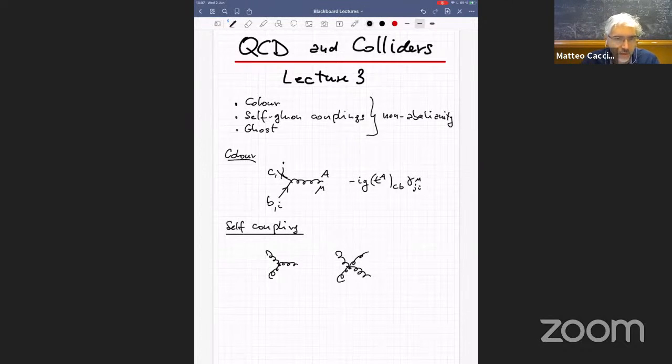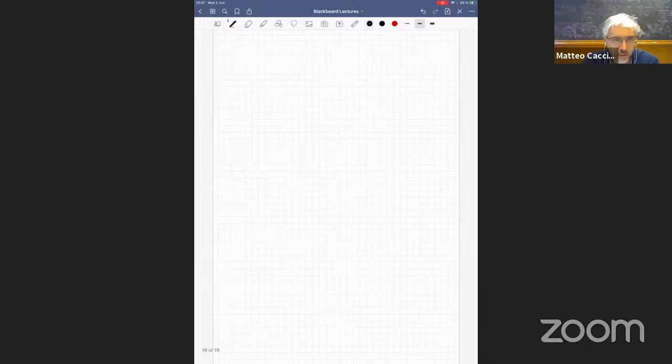The ghost is a little more tricky. Perhaps it is best illustrated by a process like this one. Let's take a process gg to Q Qbar. This is a process that you can easily imagine happening in hadron collisions. You extract two gluons from the protons, and these gluons interact and give a Q Qbar. So how does this happen?